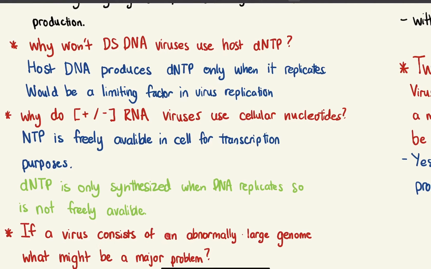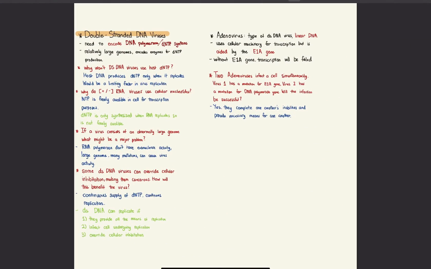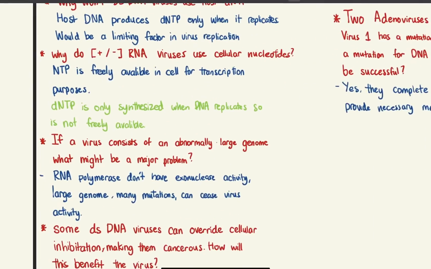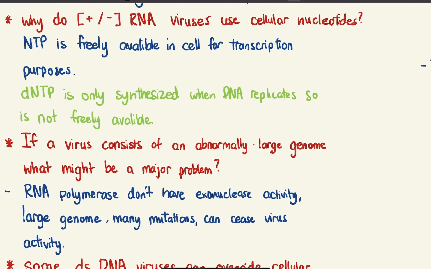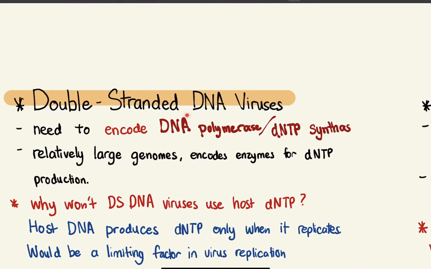If the virus consists of an abnormally large genome, what might be a major problem? Well, in terms of DNA, if we have a normal DNA strand, we have exonuclease activity, right? Because DNA polymerase has the ability to do exonuclease proofreading.